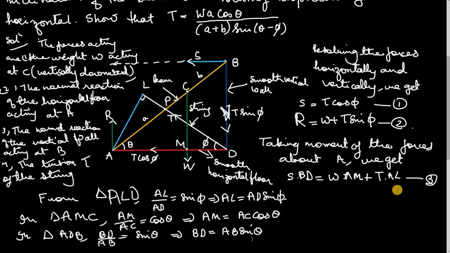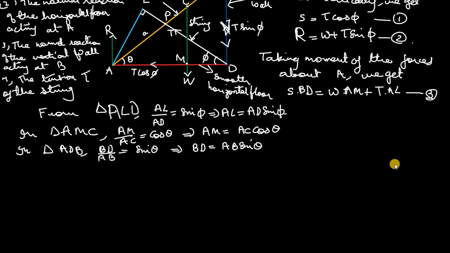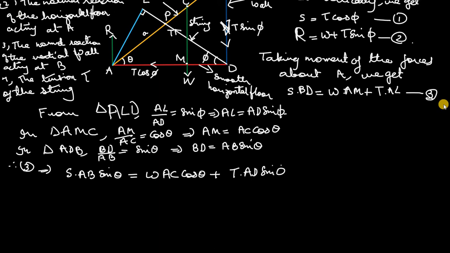Therefore equation 3 now becomes: S into BD, which is AB into sine theta, is equal to W into AM, which is AC into cos theta, plus T into AL, which is AD sine phi.